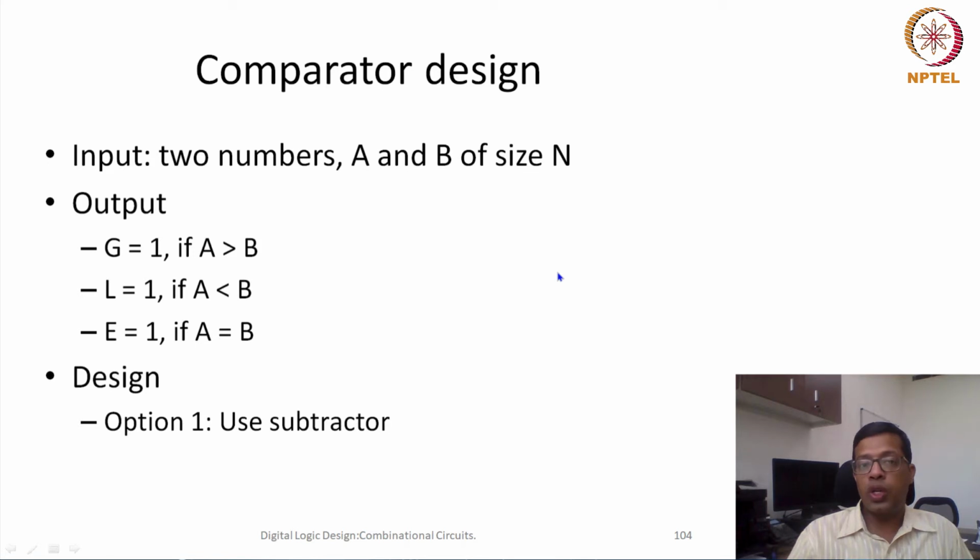Actually no, we only want to know its sign. If the output is positive, that means A was bigger, so we set G equal to 1. If the output is negative, that means B was bigger, so we set L equal to 1. But if the output is equal to 0, that means A and B were equal, so we set E equal to 1.